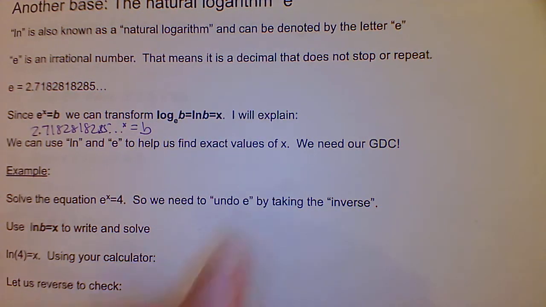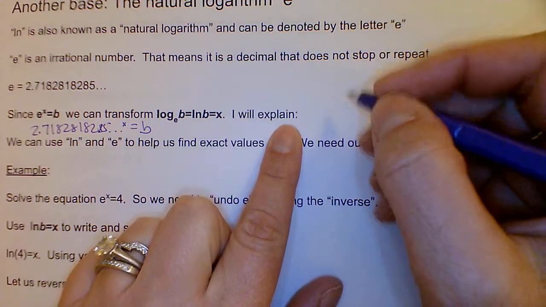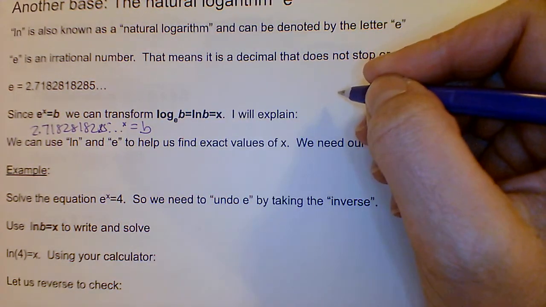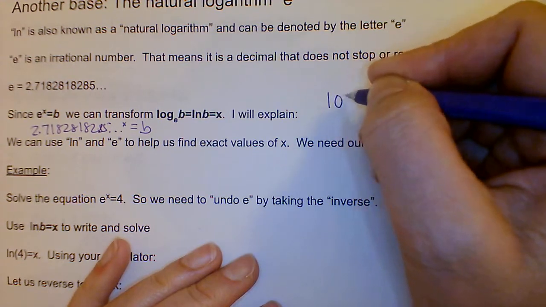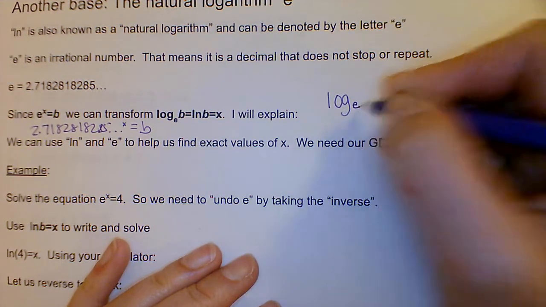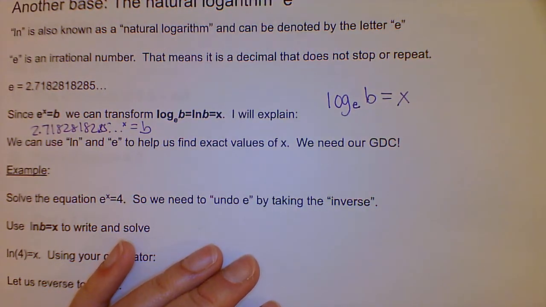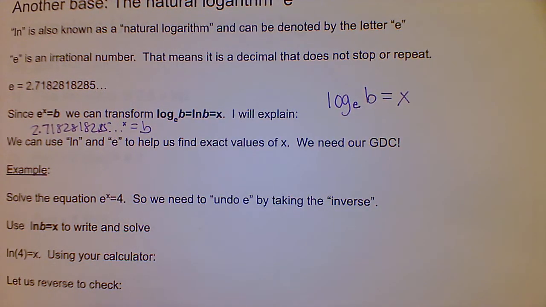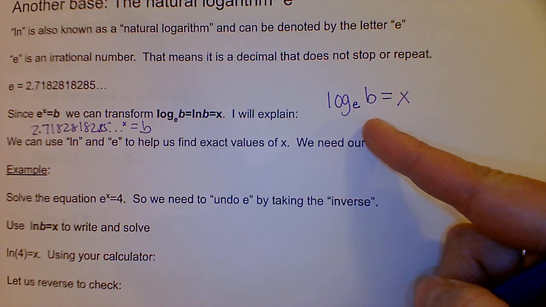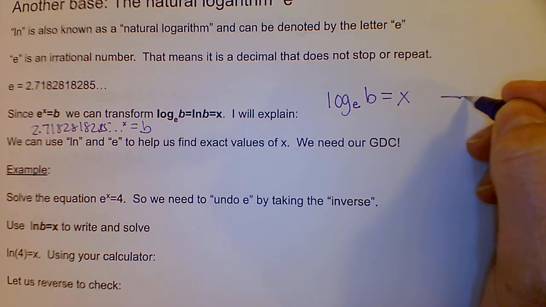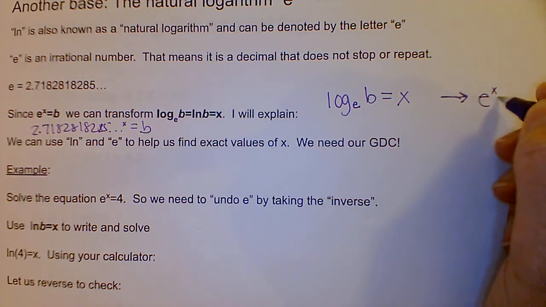What the heck do I mean by that? I'm going to explain right now. So what we have here is log base e of b equals x. So that's the first part that we have. If we transformed this, it would be transformed to e to the x equals b.